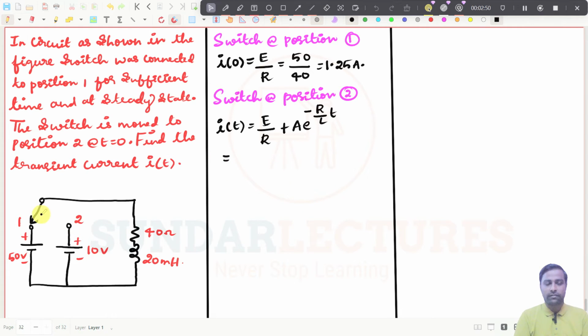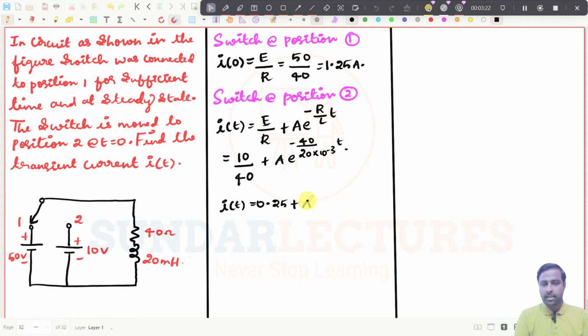What is E here? If it is connected to position number 2, it will be 10 divided by the R value, which is 40. So it is 1 by 4 plus A e to the power minus 40 divided by 20 into 10 to the power minus 3 into t.